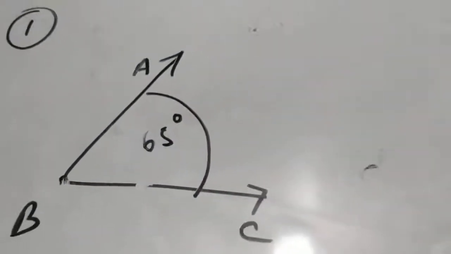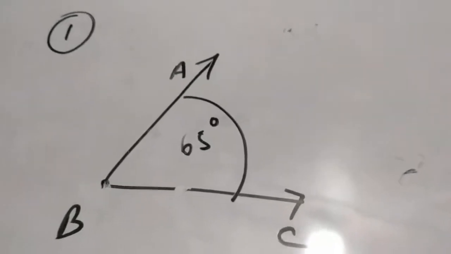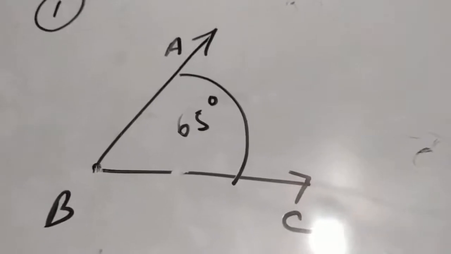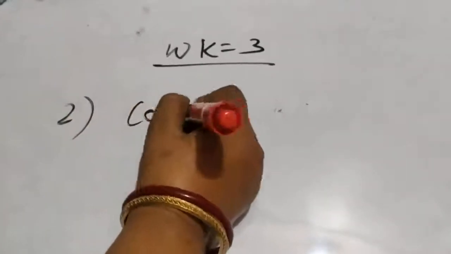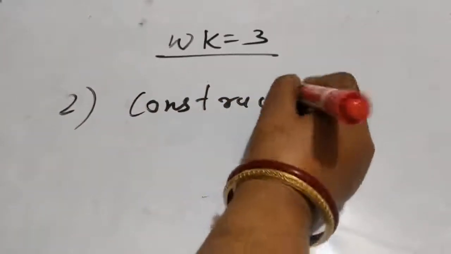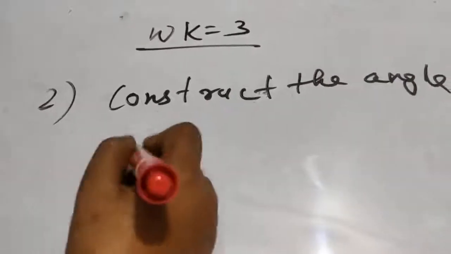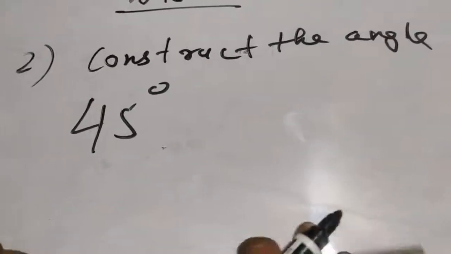Now in question number 2, construct the angles. For example, 45 degrees. How will you construct it? Firstly, draw a straight line.